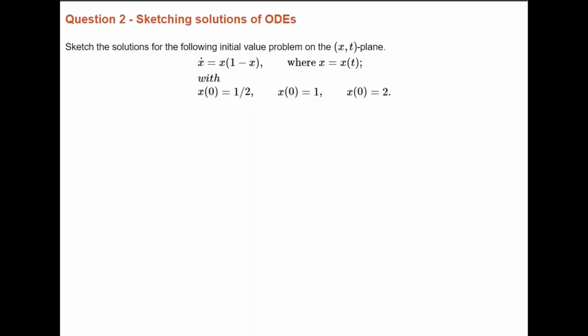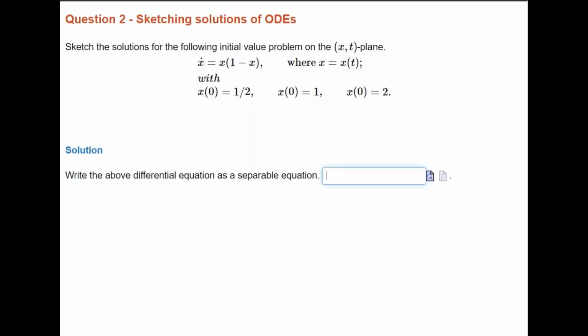And we will see that we have to undergo the same processes that we went through before. First of all, we have to write the differential equation in the required form where we can solve it. In this case, you're already told that the differential equation is separable. All you have to do is write it in the separable form where you can solve it either by hand or by using software.